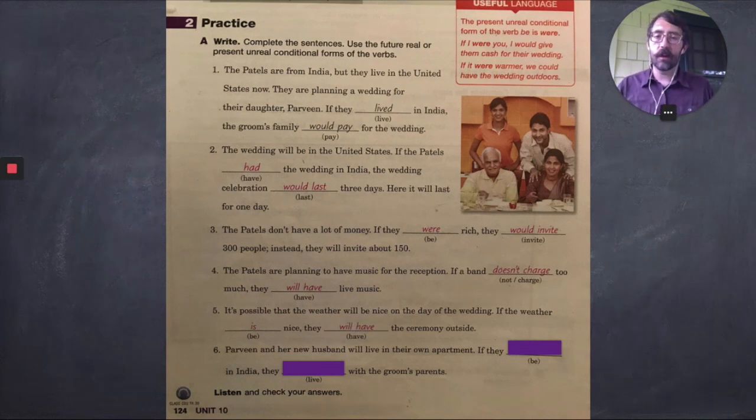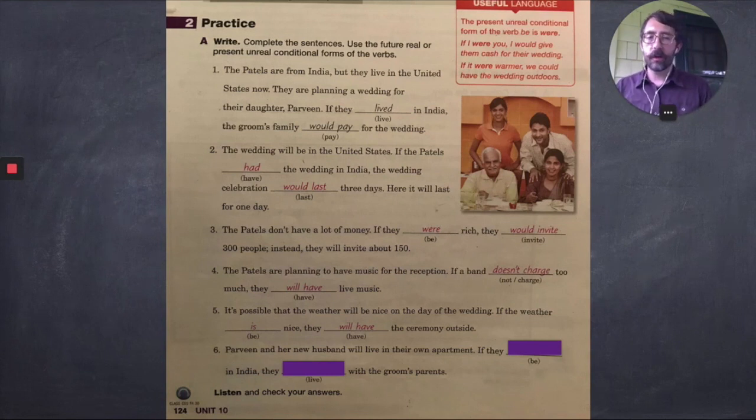Let me read that all together. It's possible, so it may or may not happen. The word possible is a good clue here of what you will use. It's possible that the weather will be nice on the day of the wedding. If the weather is nice, they will have the ceremony outside. So future real.